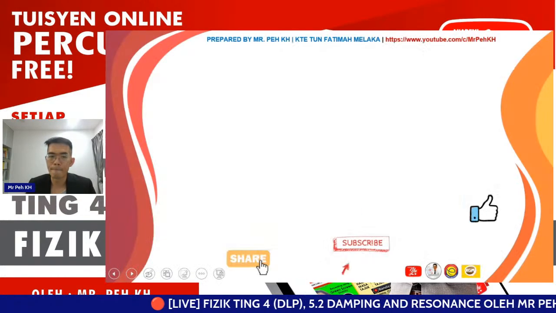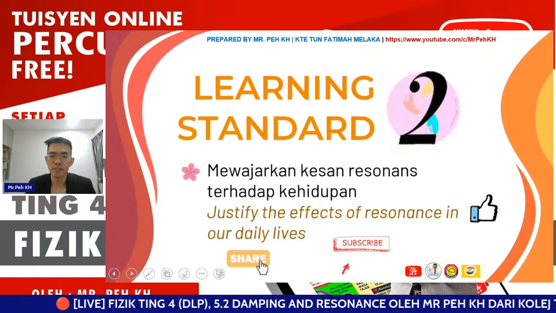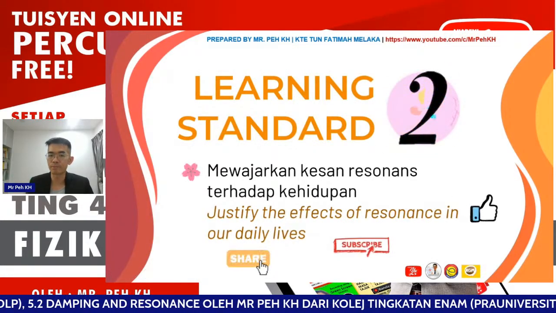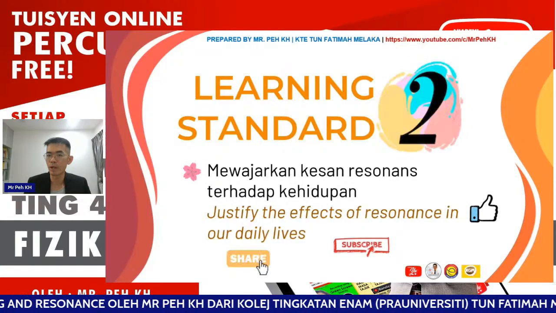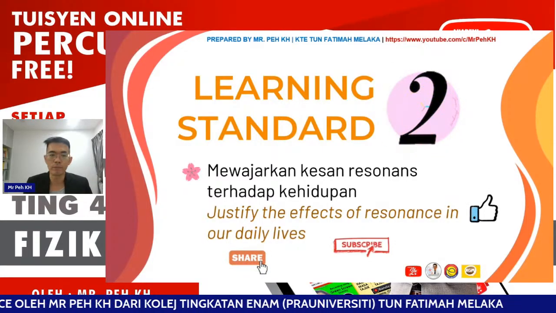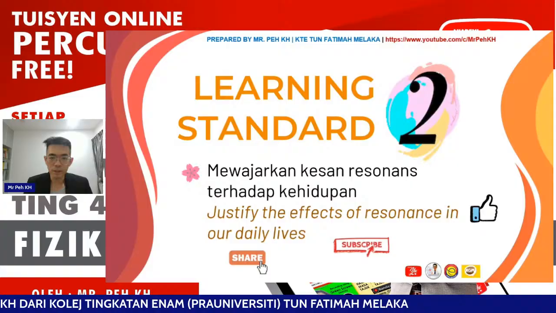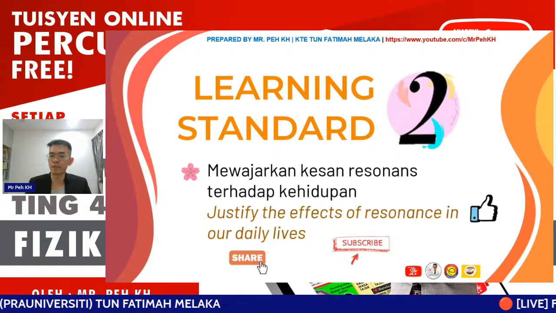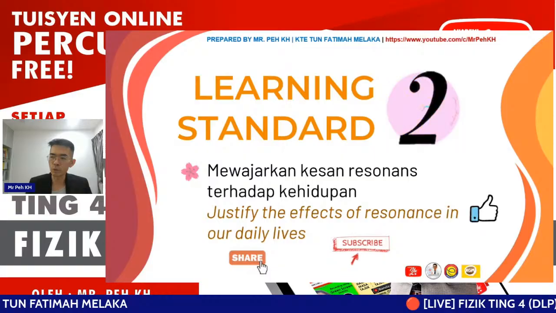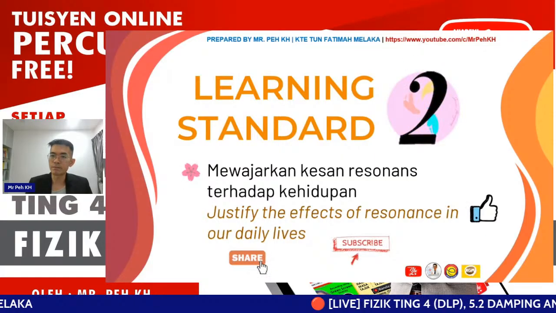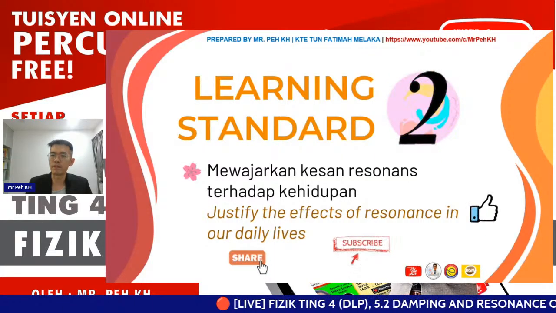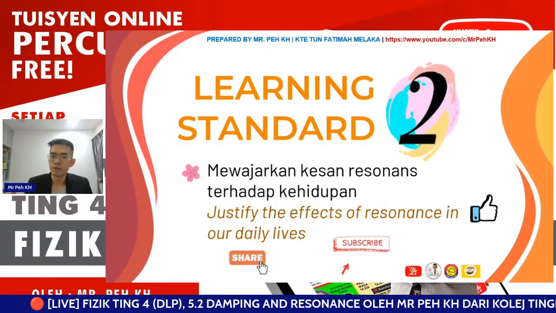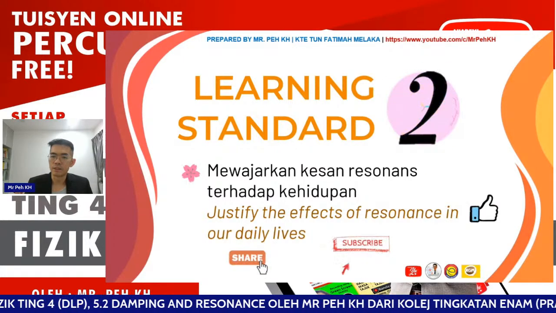Okay, so next we are going to learn the second learning standard. Just now for learning standard 1, you needed to know how to describe damping together with resonance. So now you know already that resonance occurs when the natural frequency of the system matches the frequency of the external force.